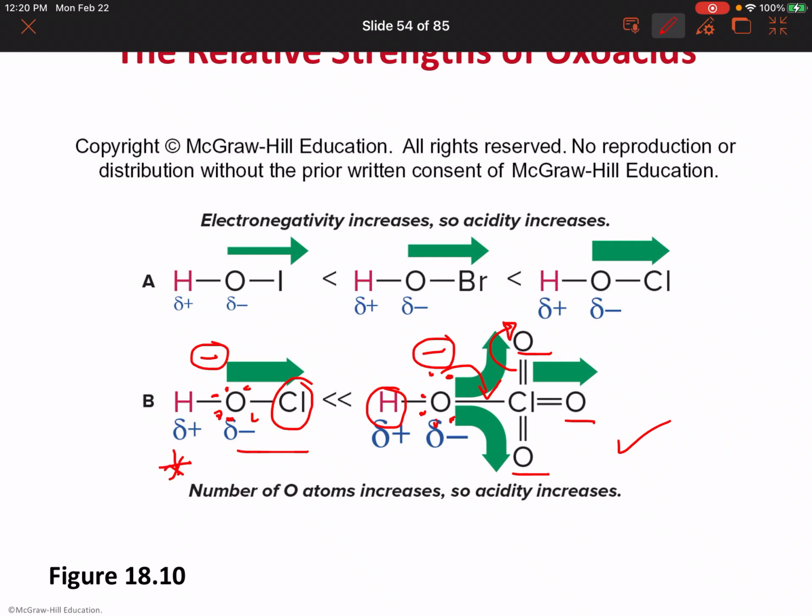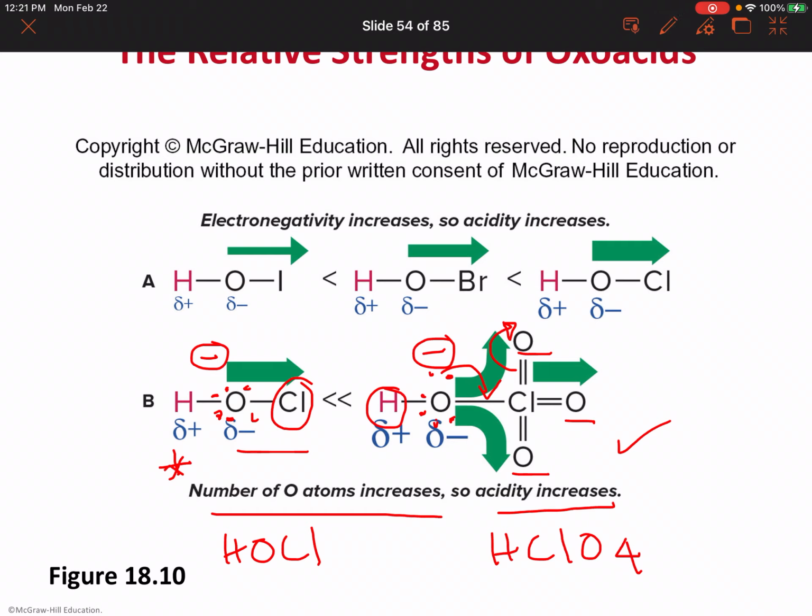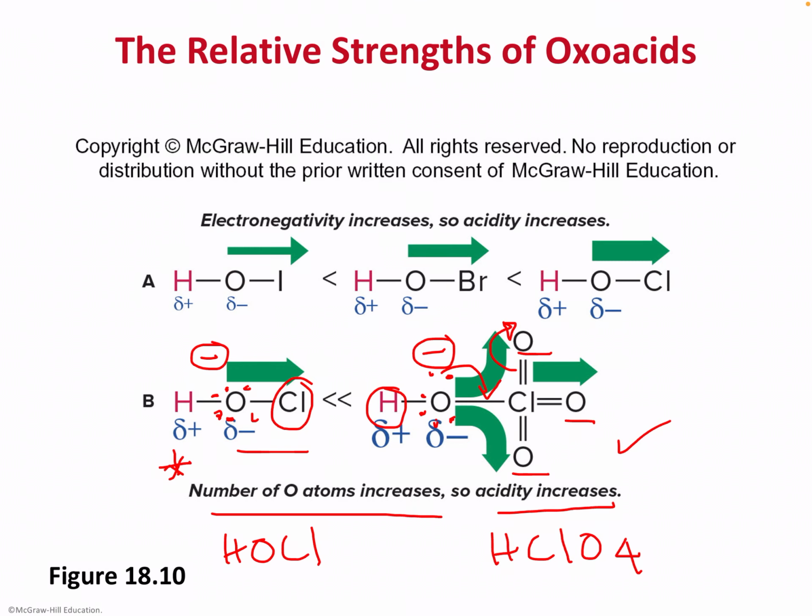As the number of oxygen atoms increases, acidity increases. In fact, HClO4, perchloric acid, is a strong acid, and hypochlorous acid, HOCl, is a weak acid. Okay, those are the acid strengths of oxoacids.